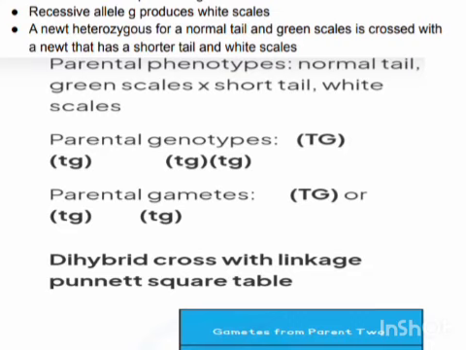This is crossed with a newt that has a shorter tail and white scales, and they have not mentioned heterozygous, so that is why we took both recessive alleles. The tail length allele and the scales allele will be present on the same chromosome, so you need to put them in a bracket.